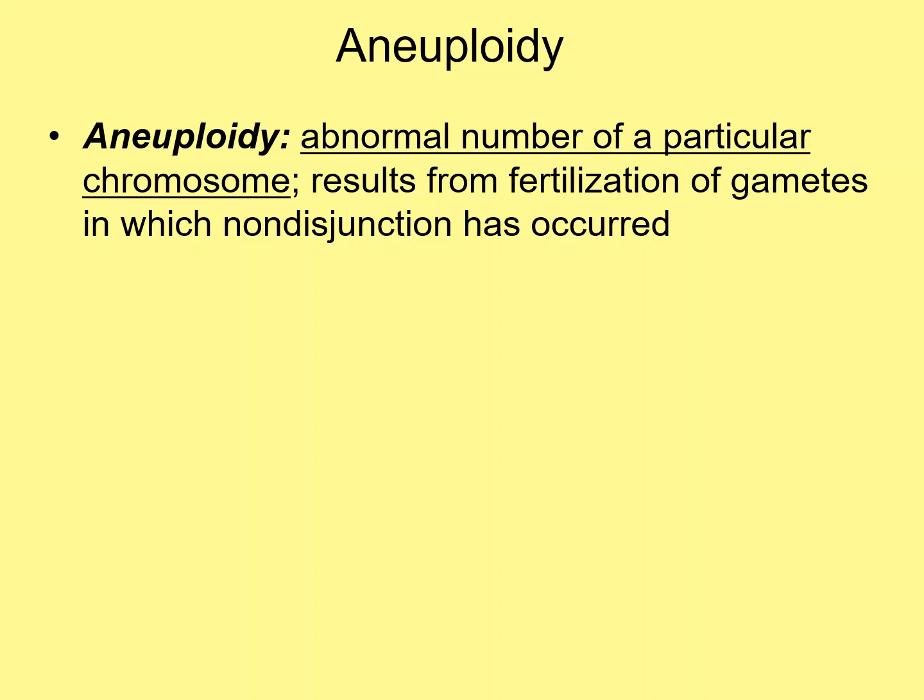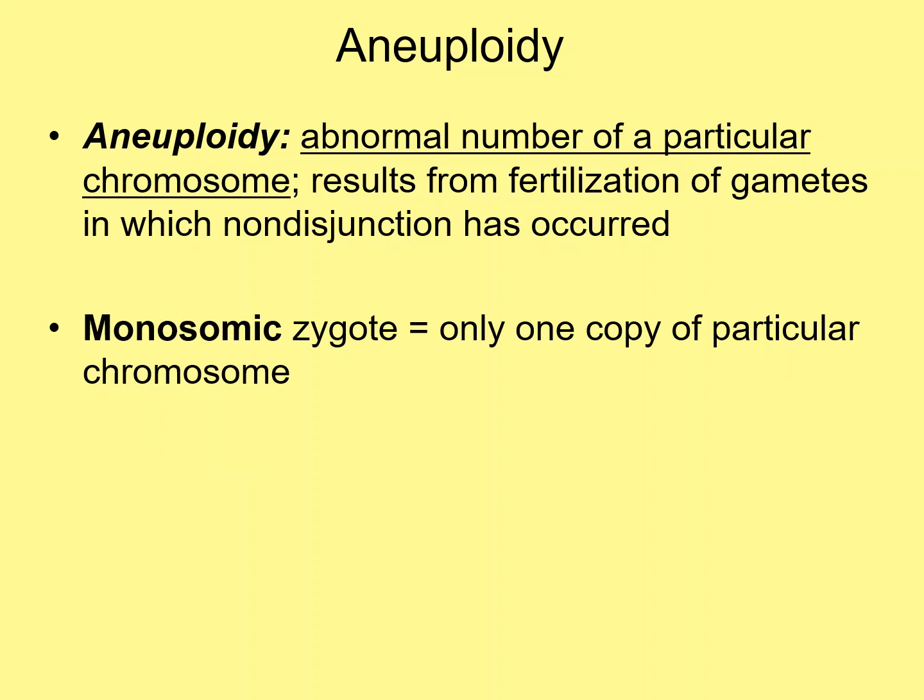Again, this results from fertilization of gametes in which non-disjunction has occurred in one of the parents. So a normal haploid gamete merges with another gamete in which you either have an extra copy of a chromosome or you're missing a copy.